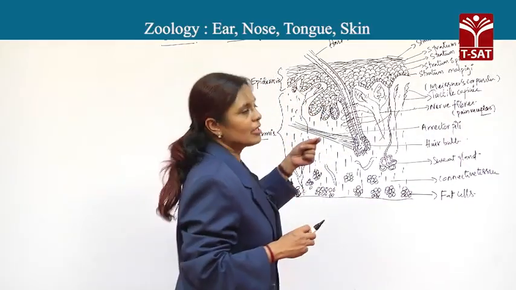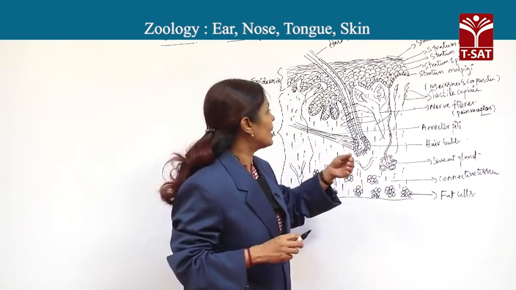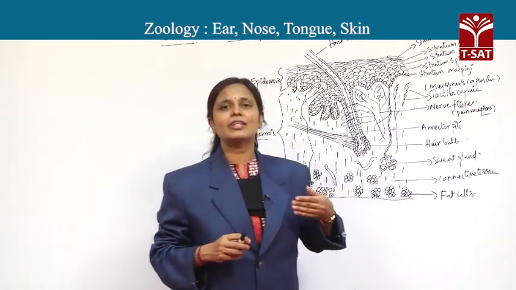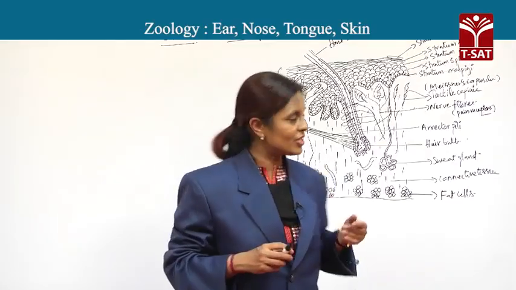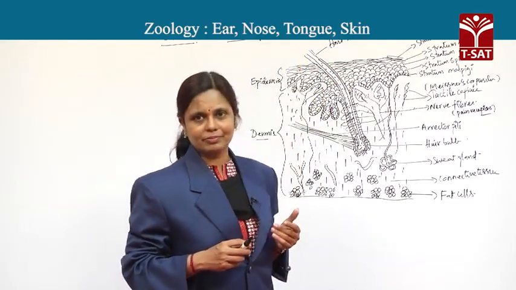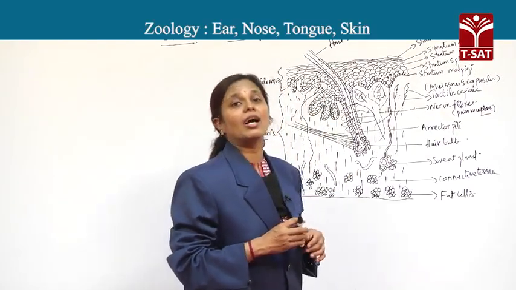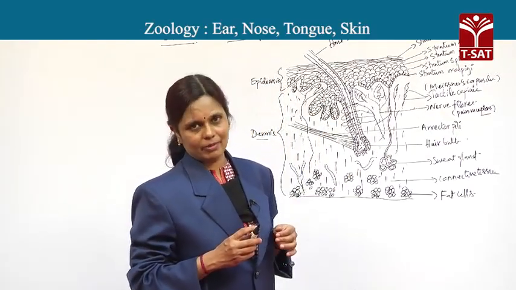Why do you call it germinativum? Because the cells of this layer continuously undergo mitotic divisions and give rise to the upper layers of cells. So, you call this malpighi, otherwise germinativum.